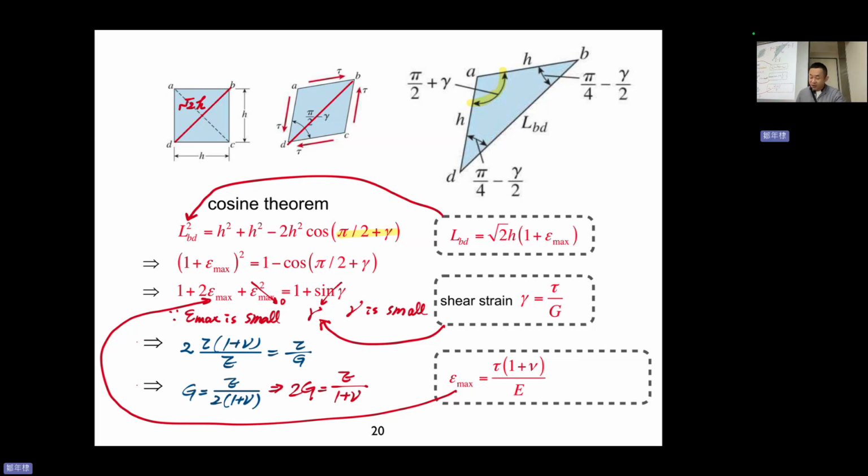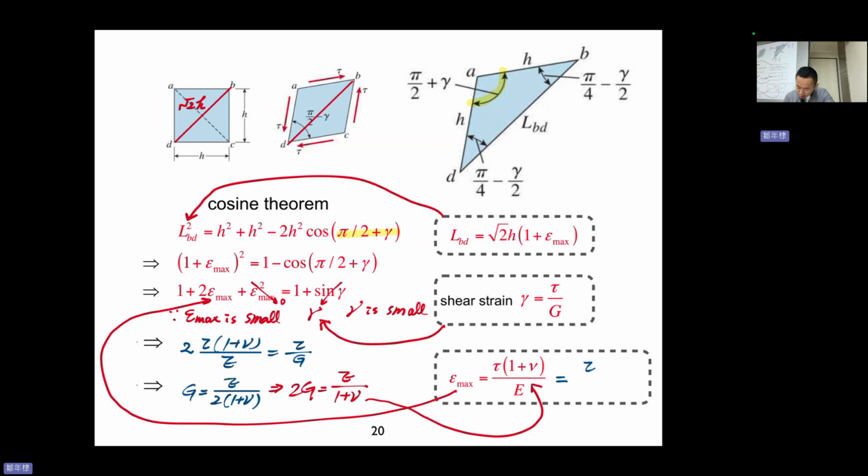Okay, what is that for? We just continue to substitute this here. Do you see that this part is quite similar, right? So you can see that we can further make the epsilon max even simpler.